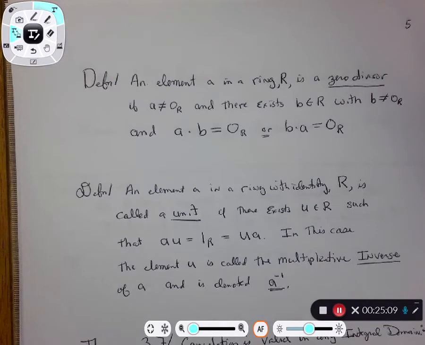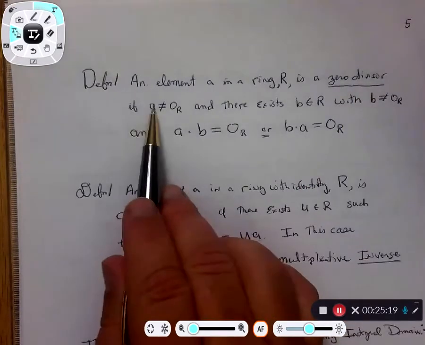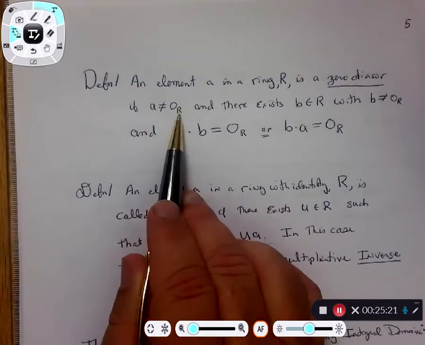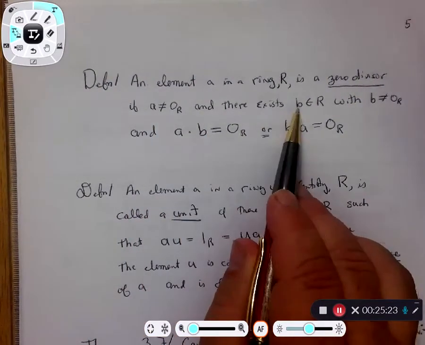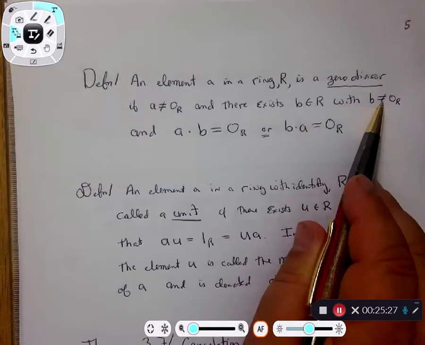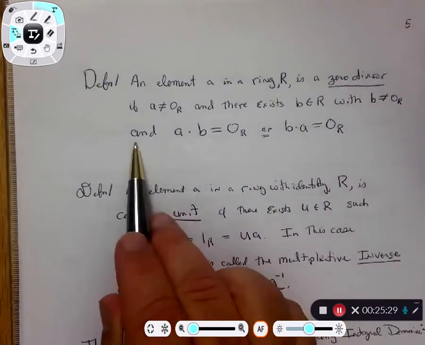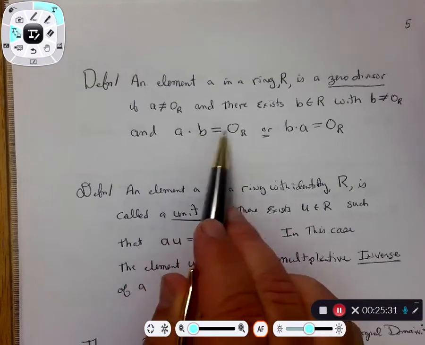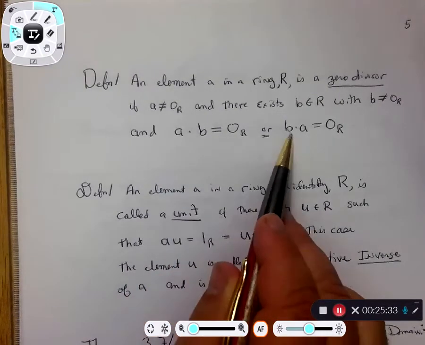An element A in a ring R is a zero divisor, classic zero divisor, if A does not equal 0 in R, and there exists a B, an element of R, with B also not equal to 0 in R, and A times B does equal 0_R, or B times A equals 0_R.